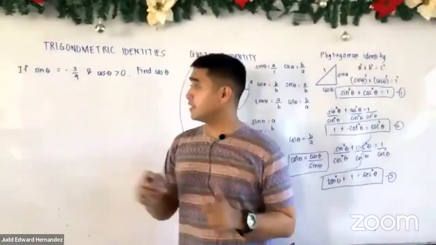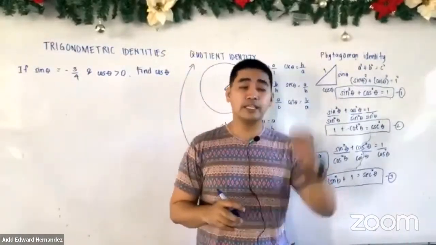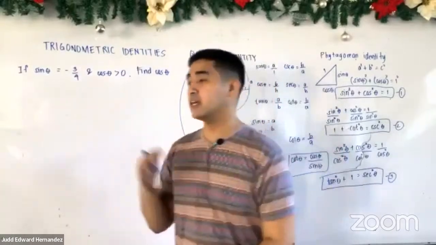Okay? If sin theta is negative 3/4 and cosine theta is greater than 0, find cosine theta.